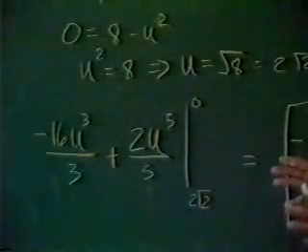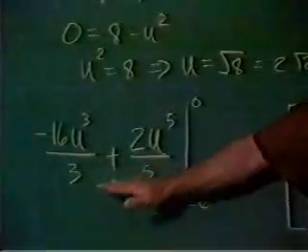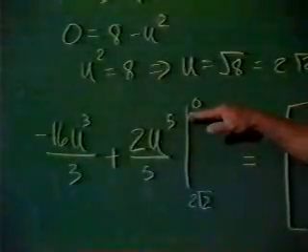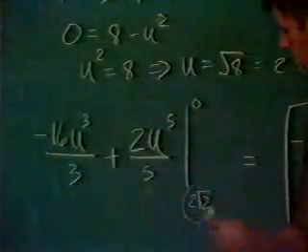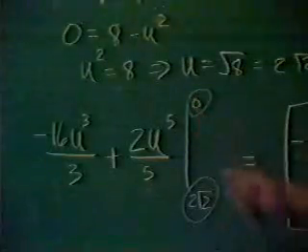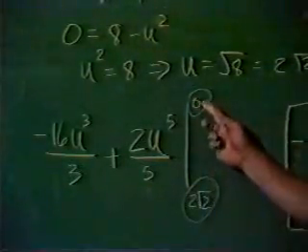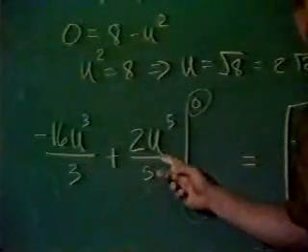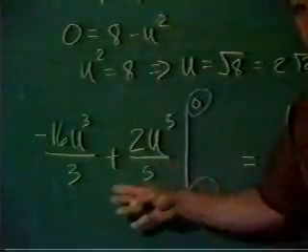Now, at this point, if I want to use these limits, I can. If these limits are fairly nice numbers, I would probably go ahead and put these limits in place of u. I don't have to do that.